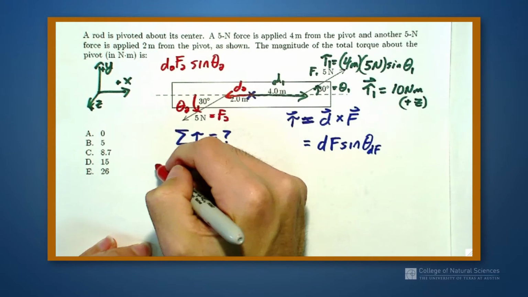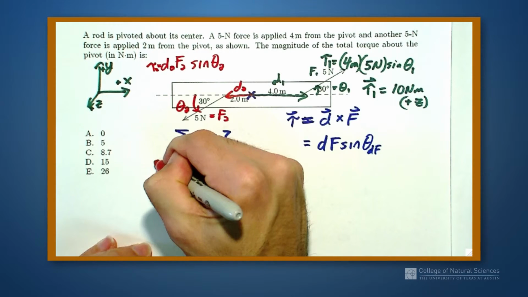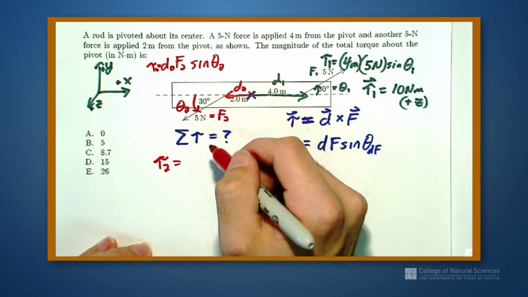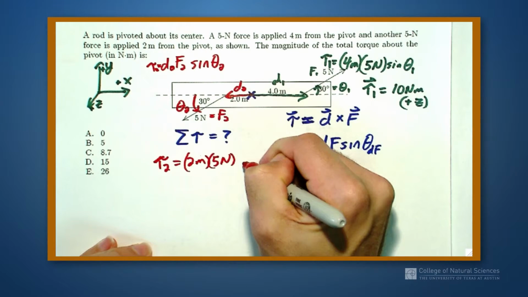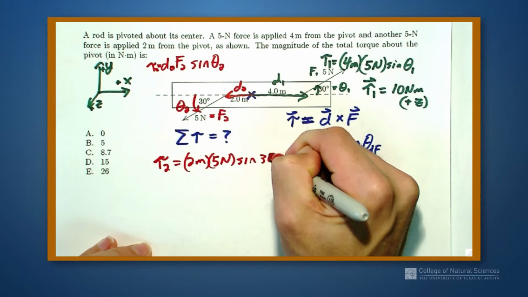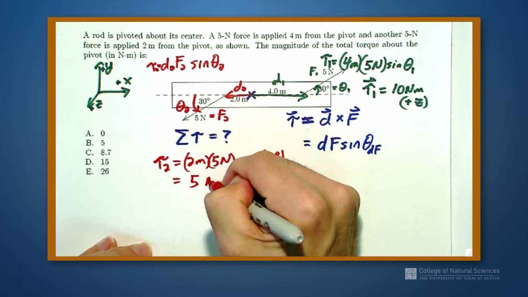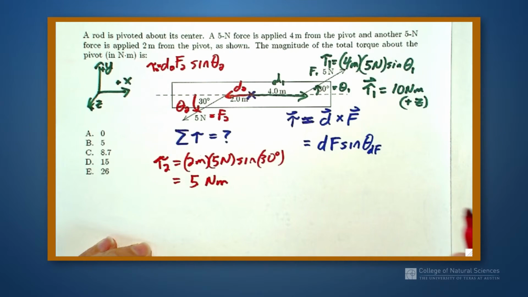When I work this out, tau 2 is equal to 2 meters times 5 newtons times the sine of 30 degrees again. So this is equal to 5 Newton meters. 2 times 5 is 10, times 1/2 gives me 5.